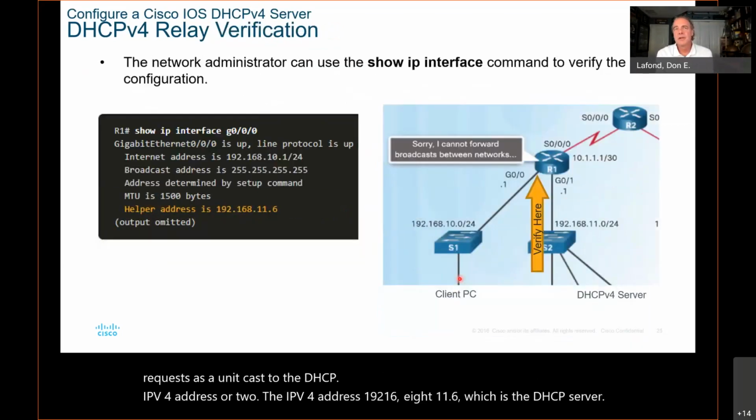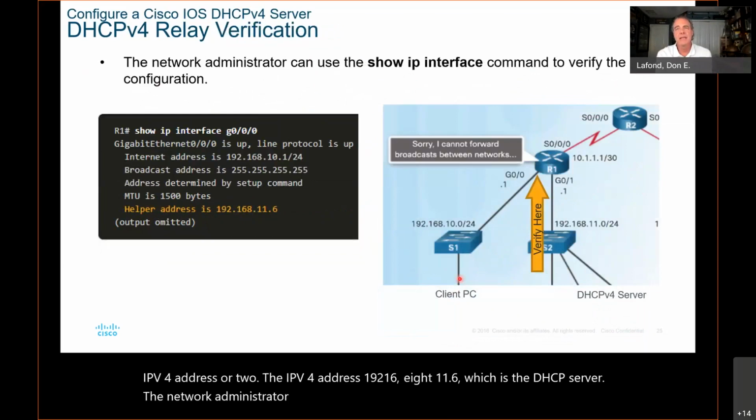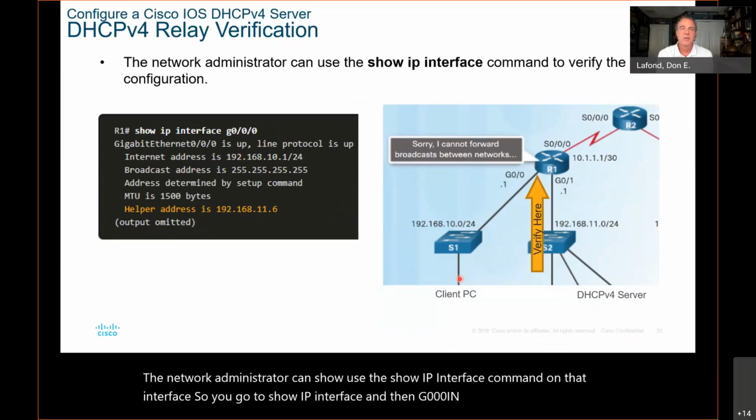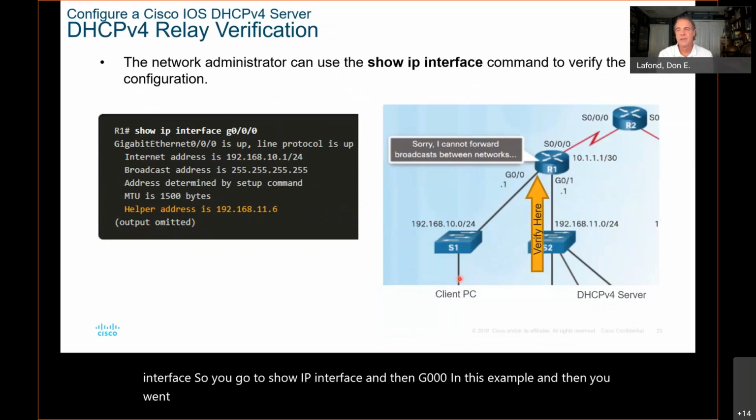The network administrator can use the show ip interface command on that interface. So you go to show ip interface and then G0/0/0 in this example, and what you're looking for is the helper address being assigned.